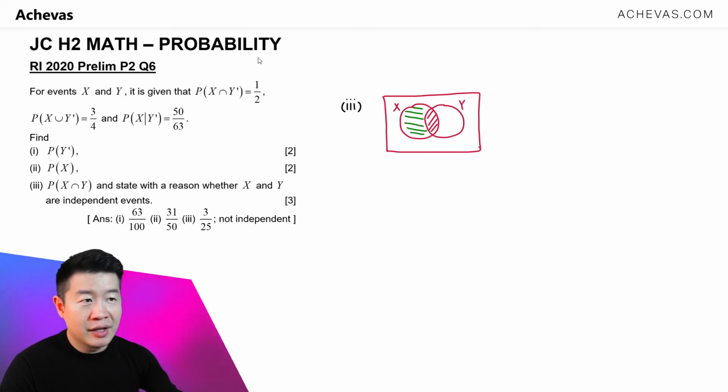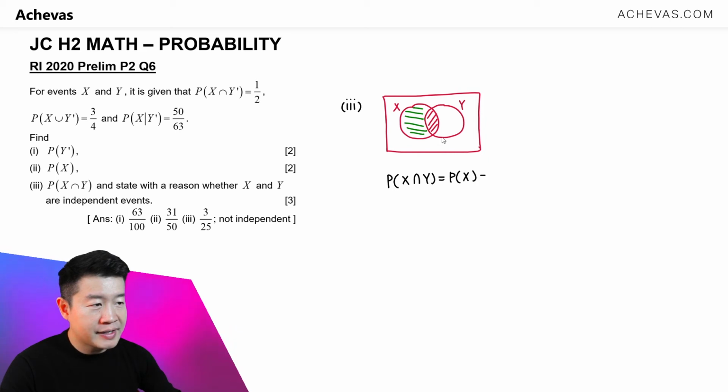Combining them together, they give me the probability of x. And the probability of x we have found in the previous part, it is 31 over 50. Which means that if I were to observe from here, we can actually immediately quote the area that can help me to find the probability of x and y. Because this can be found by taking the entire circle, the entire region of x.